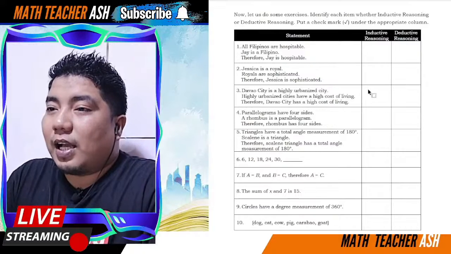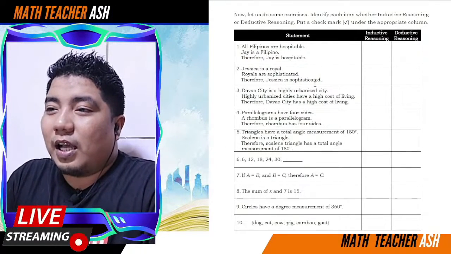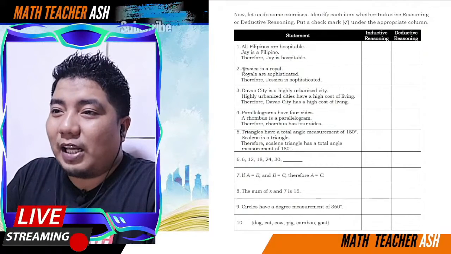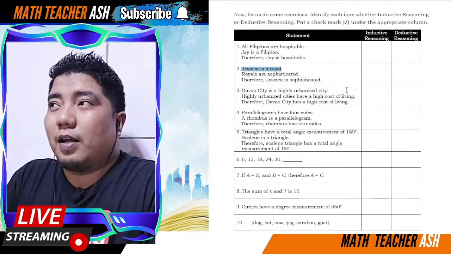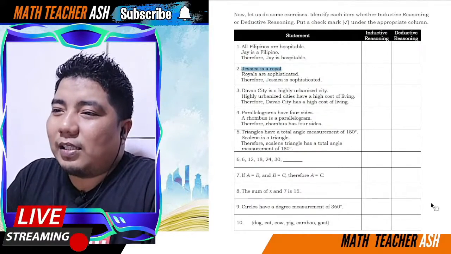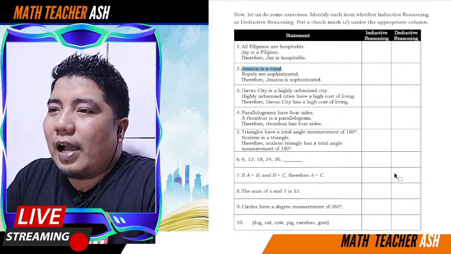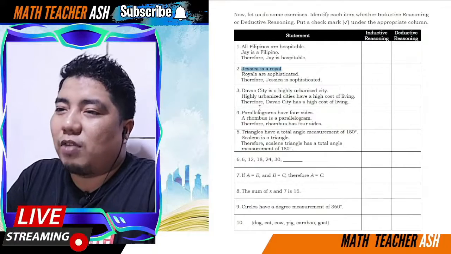Next, Jessica is a royal. Royals are sophisticated. Therefore, Jessica is sophisticated. So, since the first statement here given is parang observation from a certain person, that is inductive. Davao City is a highly urbanized city. Highly urbanized cities have a high cost of living. Okay, therefore, Davao City has a high cost of living.